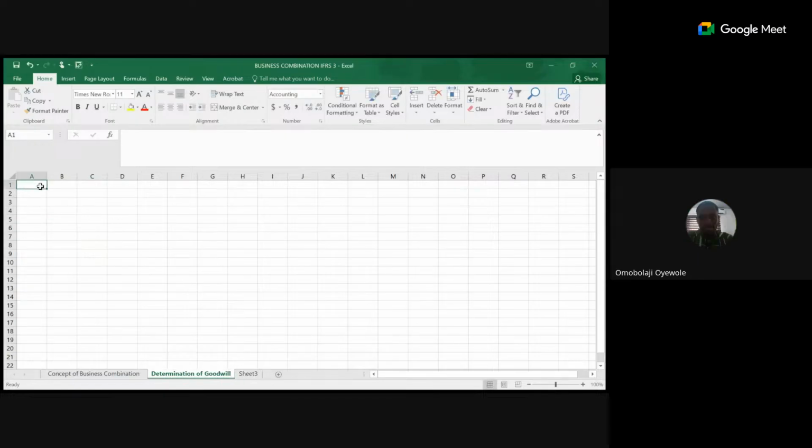Okay. So let me merge this. So let me call it determination. Which of the question? We start with the first one of goodwill and measurements of NCI.